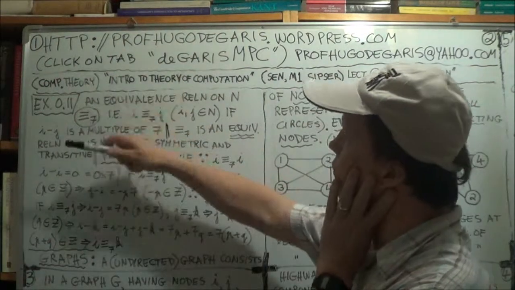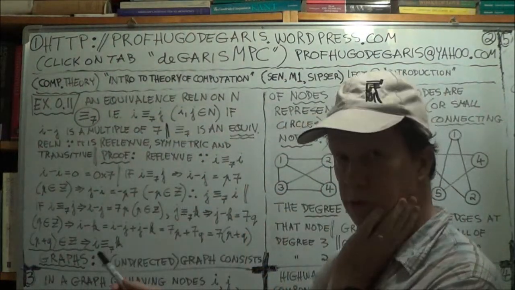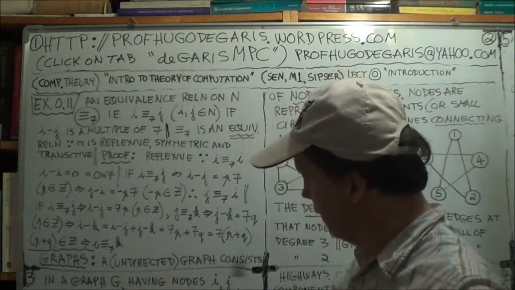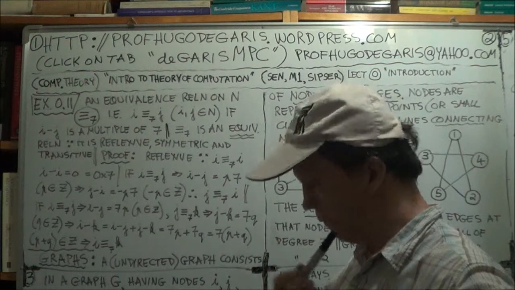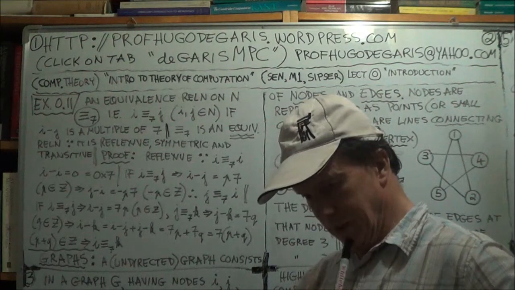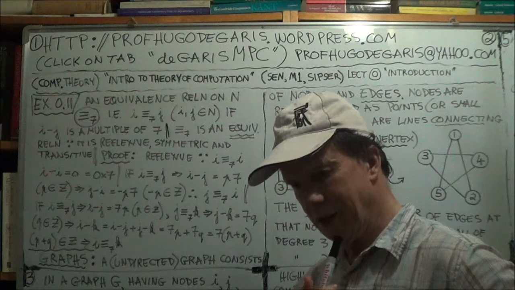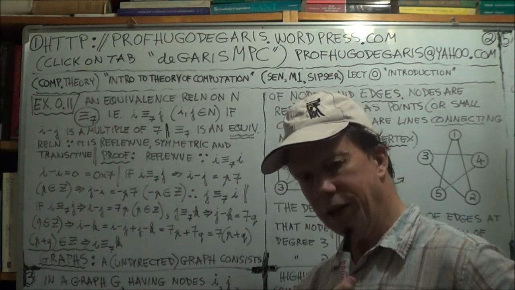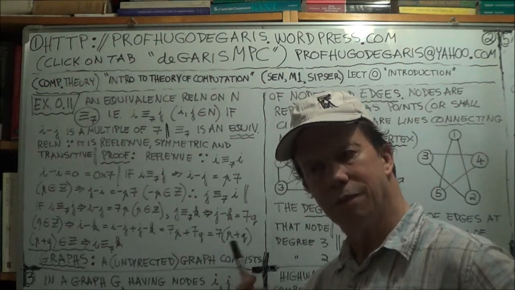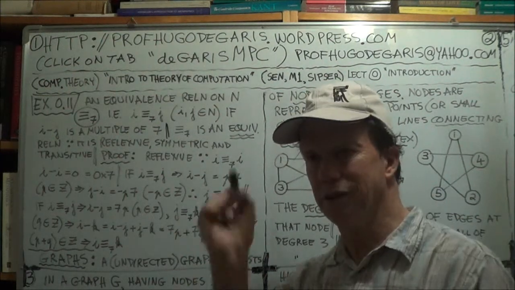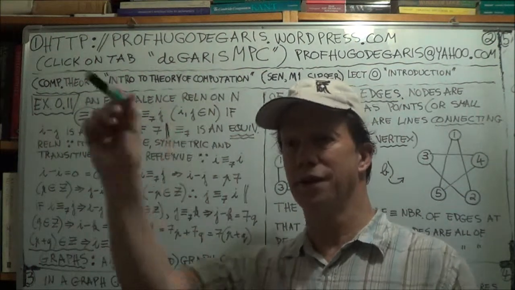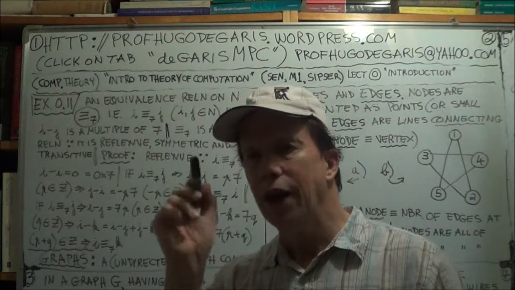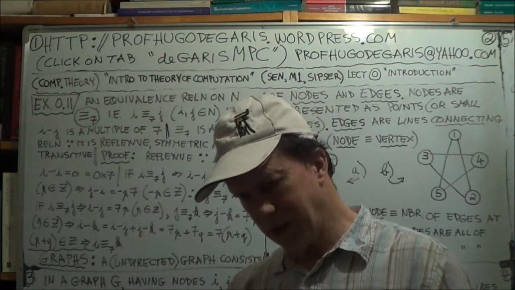So that's finishing off equivalence relations for the book and these preliminary tools. Now, graphs. What's a graph? Well, it's essentially just a bunch of points and lines connecting them. That's the essence of a graph. So, a bunch of points, or if you like, little circles, and then lines that connect.